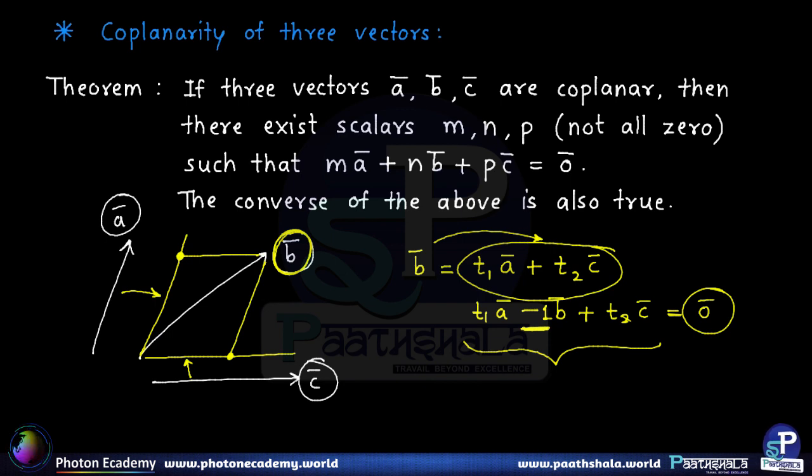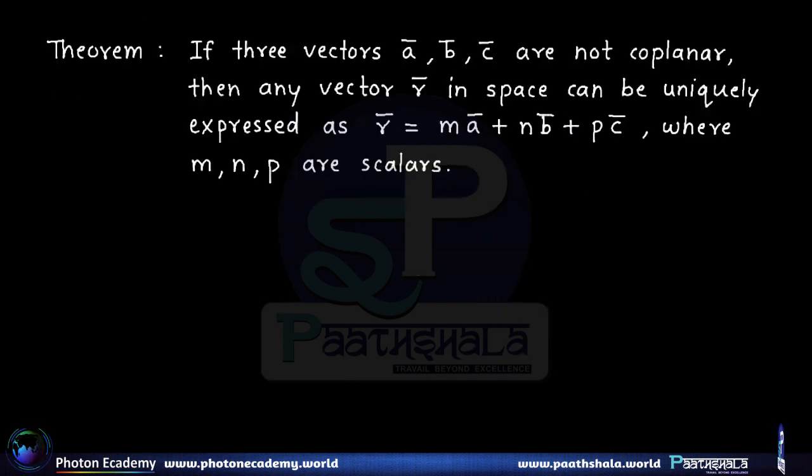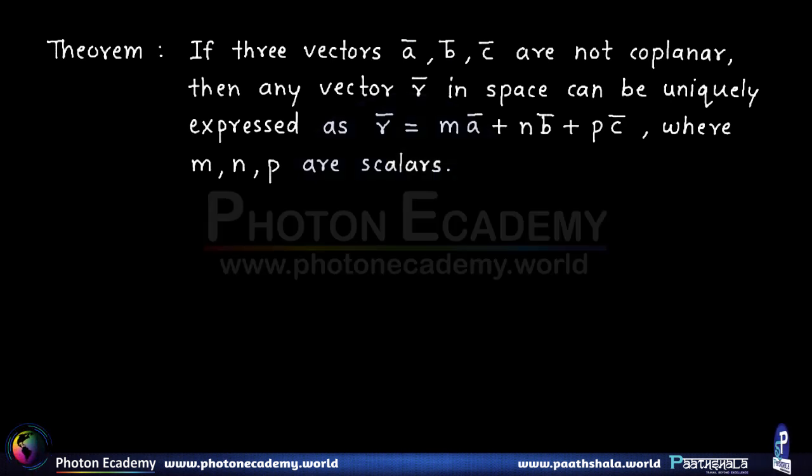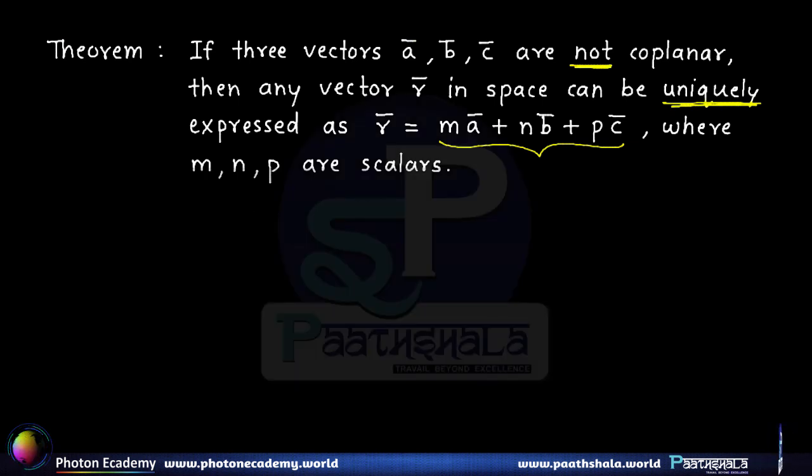And lastly, moving on, we have similar counterpart of one of the previous theorems, that is here if three vectors a bar, b bar and c bar are not coplanar, then any vector r bar in space can be uniquely expressed as a linear combination of a bar, b bar and c bar as shown here, where m, n and p are the scalars.